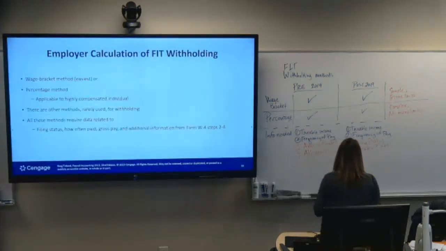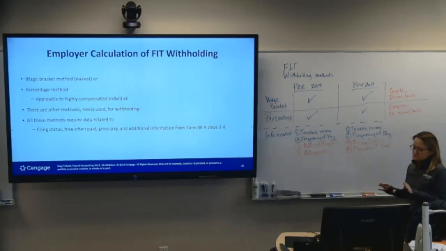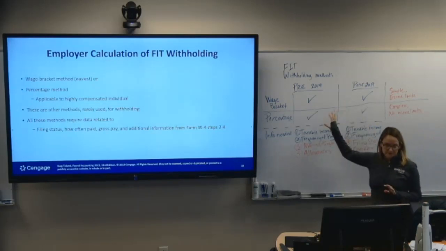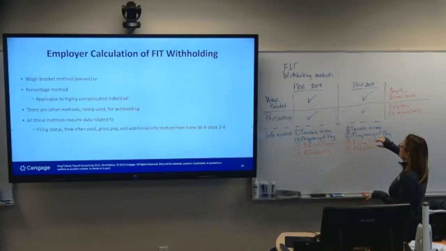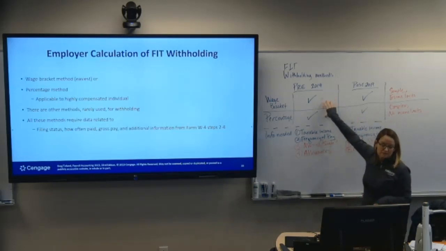Okay, so I wrote up here, and I've put this in Blackboard as well, kind of a little summary of the federal income tax withholding, the information that's needed, and the different methods that we have. Now, we have not gone through yet the pre-2019 method.